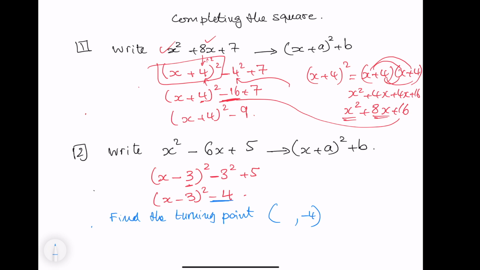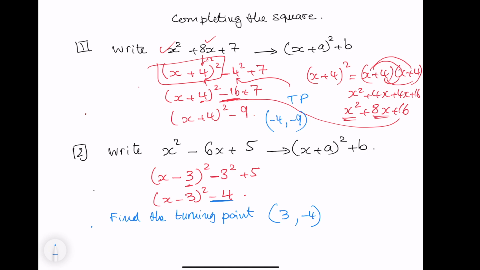Like the first one, the turning point is minus 9, yeah? But change the sign of the number that is inside the bracket. So x minus 3, so that would be plus 3. So 3, minus 4. And the first one, plus 4 becomes minus 4. So that's the turning point. Okay, so that's the most common questions that are with the completing the square.